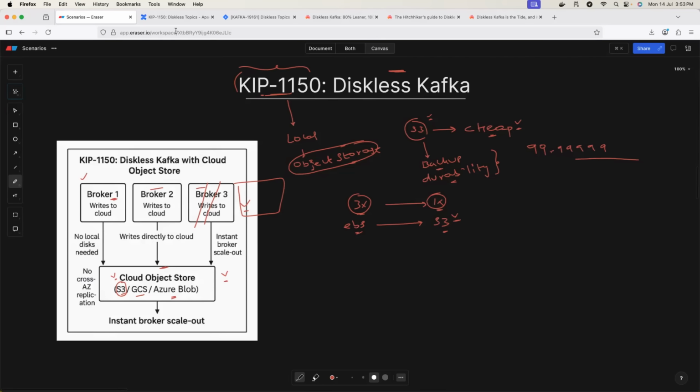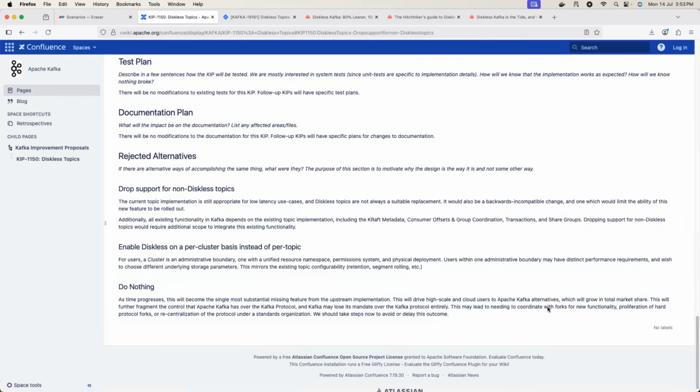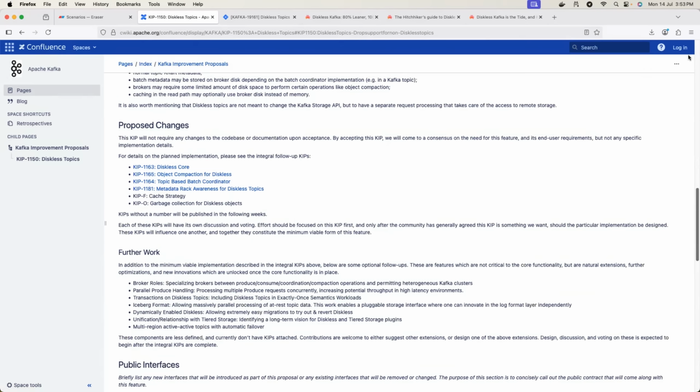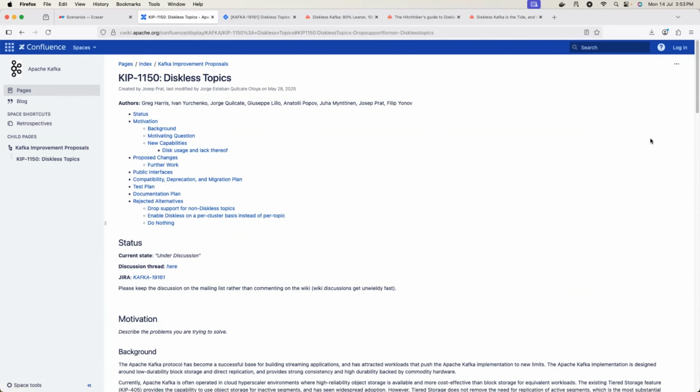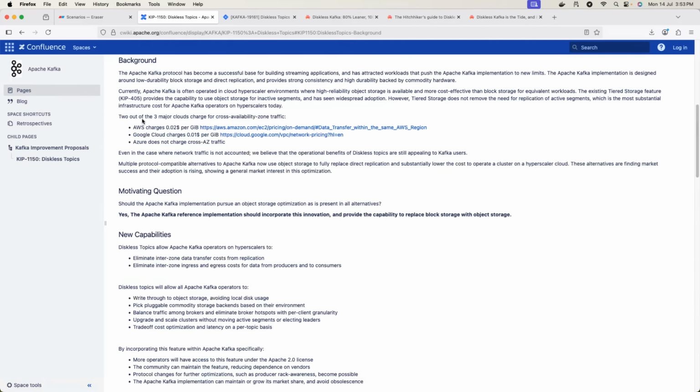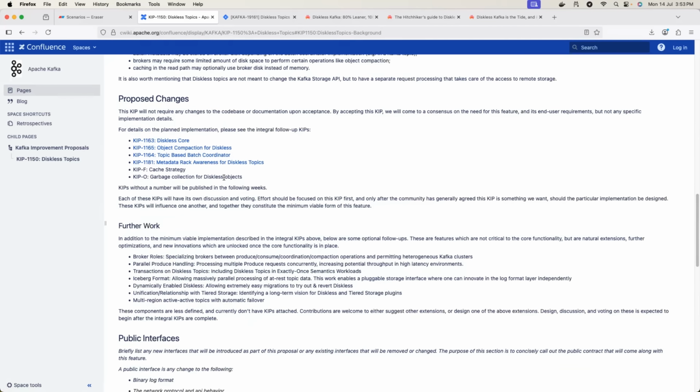Now, if you want to understand the status, like, Abhishek, when will this be merged into the Apache Kafka open source project? You can track all that information through this Confluence page. I would highly recommend you go through this page if you are interested in Apache Kafka and understanding KIP-1150, because it talks about background, cross-zone networking costs, motivation, and also implementation: which lines of code will be updated, which functions might be impacted, everything.